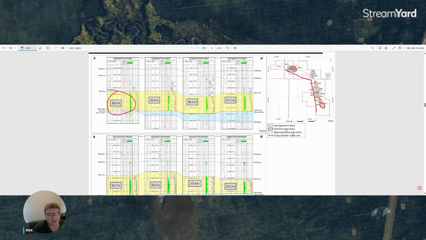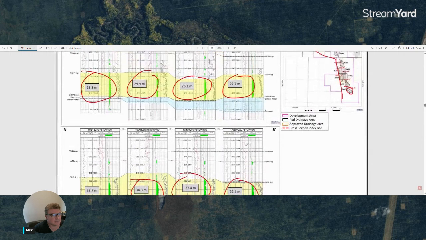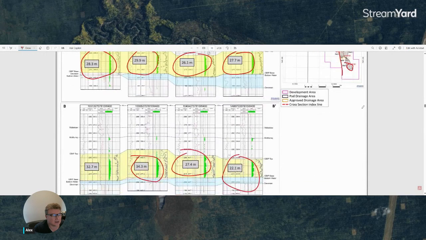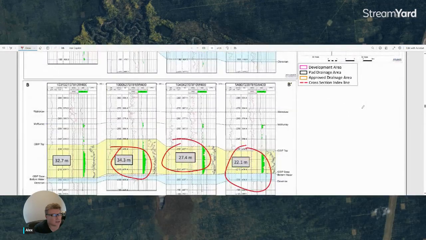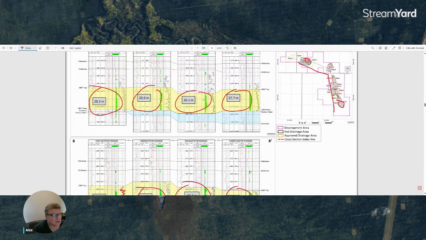This is applicable because you can see how we get 28 meters and 29 and 26 and 27. In some sections we get 22, then 27, 34 again. So do you see why it's challenging to make one assumption and then assume that everything works the same way? Because you do have different saturations here, different pay heights.